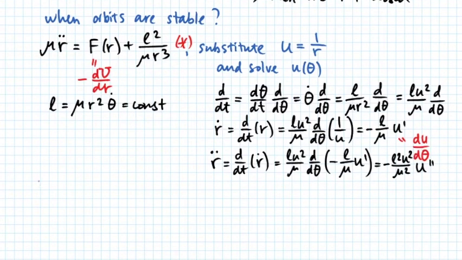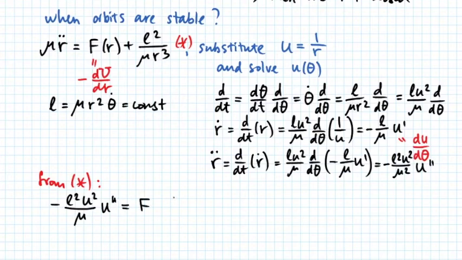We substitute all of this into the radial equation of motion, and we get minus L squared u squared divided by mu u double prime equals F, the general form of the force, plus L squared u to the third power divided by mu.